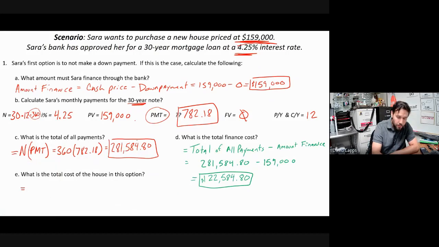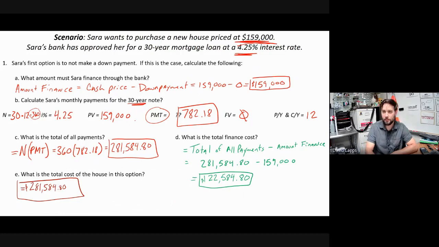This is equal to the total of all of her payments, which is $281,584.80. That's what she paid for the house. She bought the house at $159,000, but she ended up paying $281,000 for that house. That's with the interest.